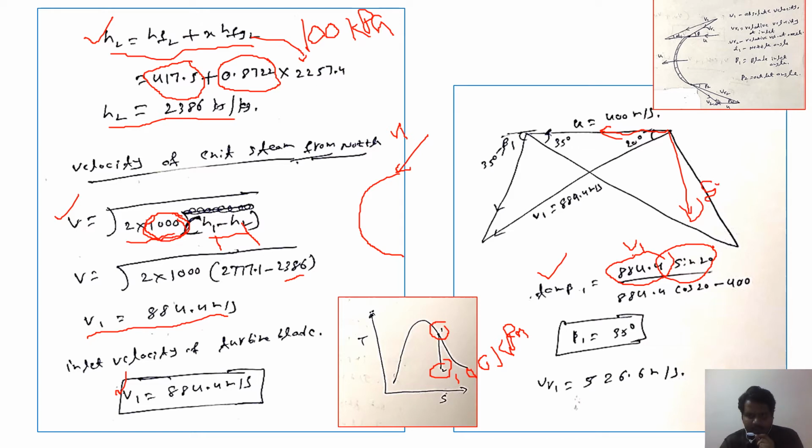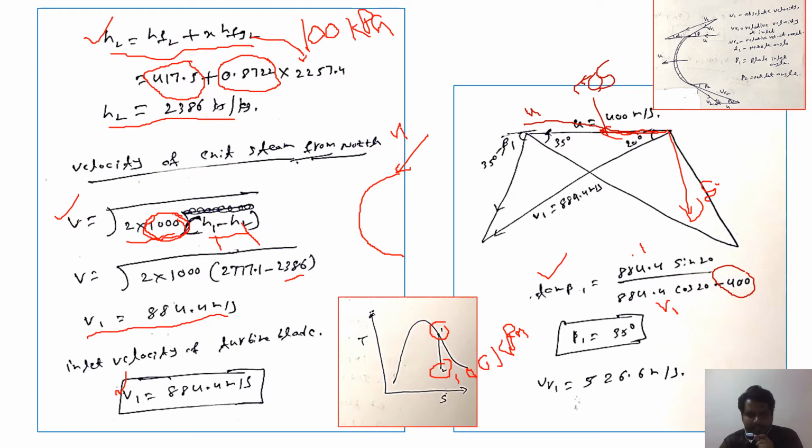So V1 sin 20 divided by again V1 cos 20. V1 value is 884.4 cos 20. So this side is the cos 20, minus this side, already U is also there. So minus 400. U value is 400.